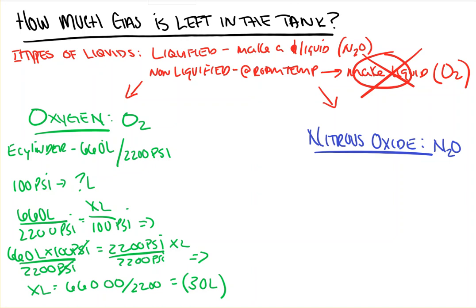What this means is that at 220 pounds per square inch, we should have 66 liters left in the tank. In this case, we have about half of that PSI, 100, and we have 30 liters. So getting a rough estimate to make sure our numbers make sense is always important.